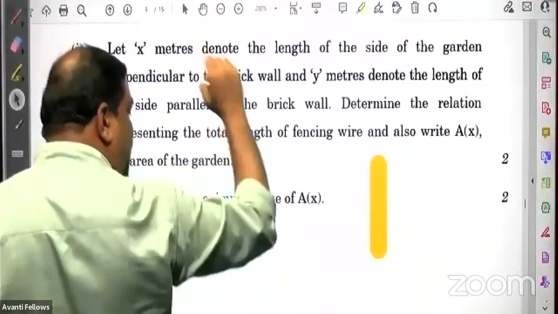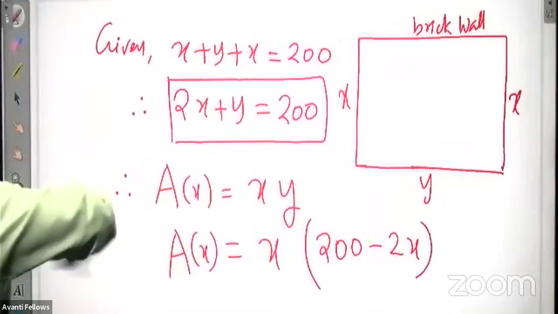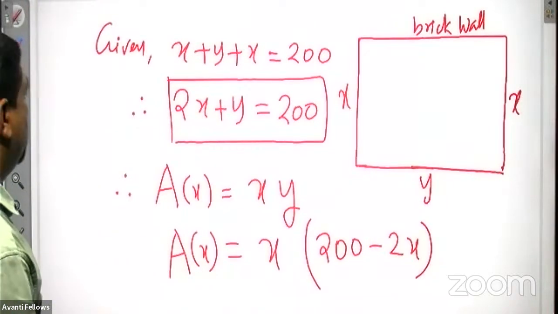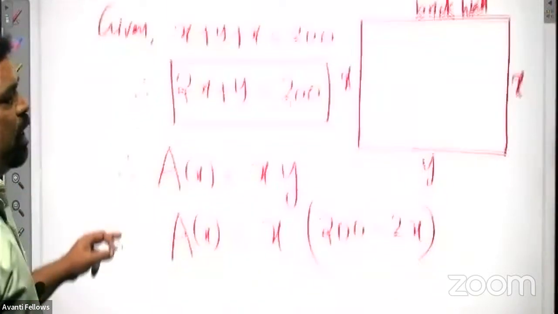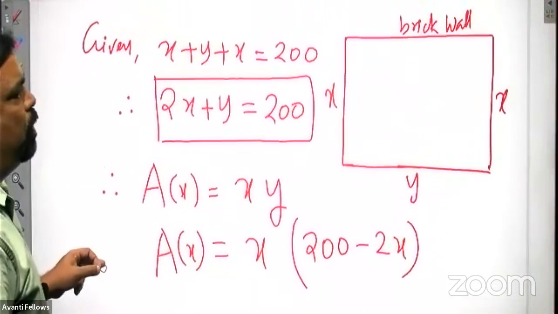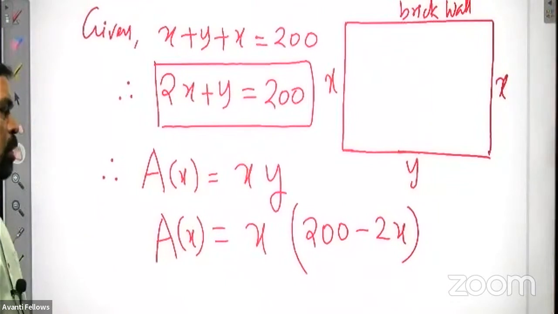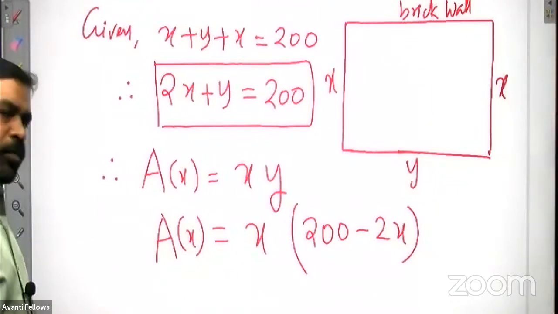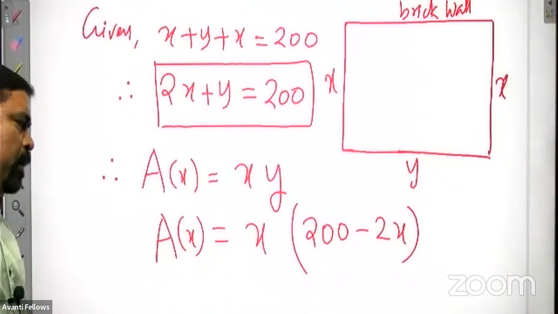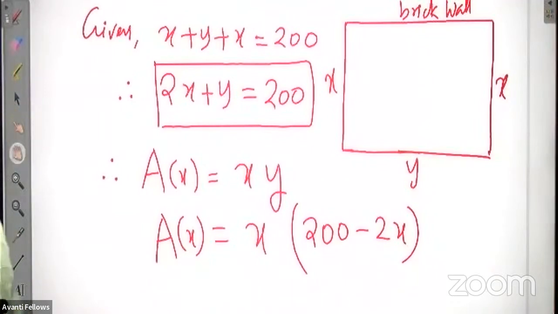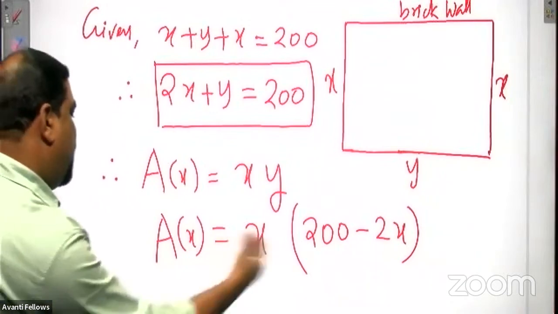Now determine the maximum value of the area. What is the maximum value of the area of the garden? For that, we have to apply the second derivative test, so we need to differentiate it.